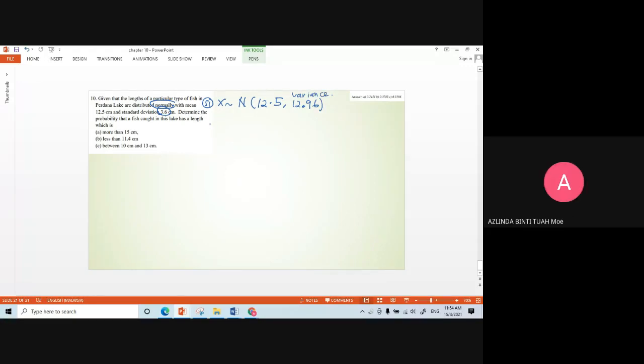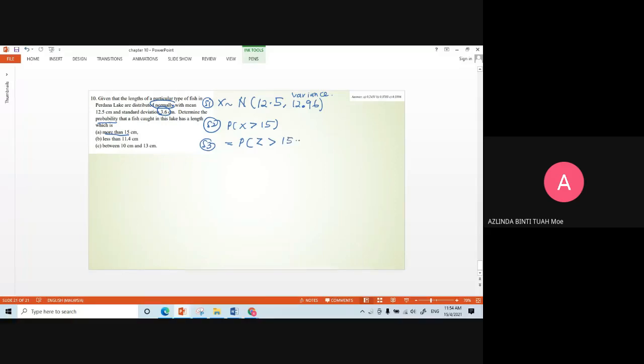Okay, second step. Convert the question, the sentence, to symbol of probability. So P(X more than 15). The third step, convert to Z. Z, follow the sign, the symbol greater than.